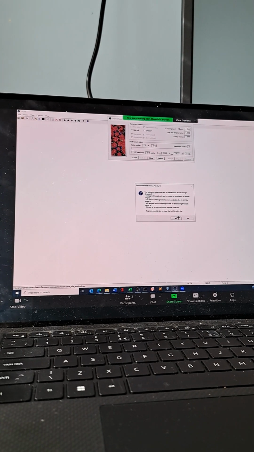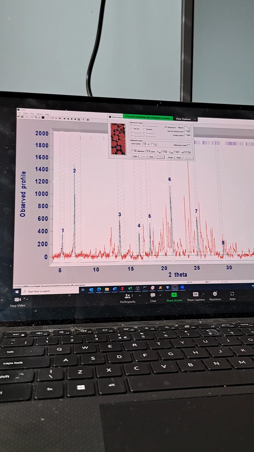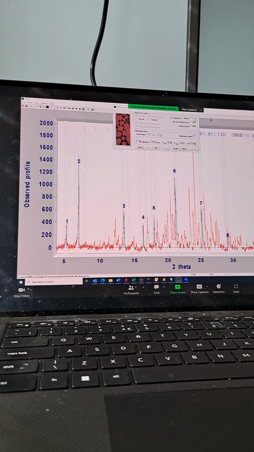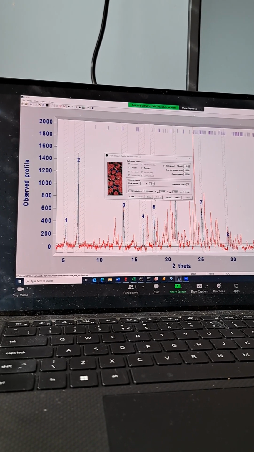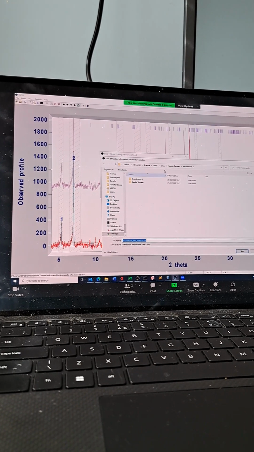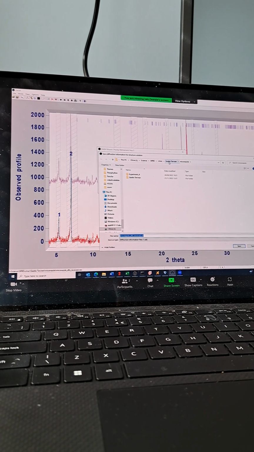Basically, when I was trying to do it for hydrochloride, I performed all these steps following the tutorials, but at the end when I ran the sample for indexing, it was giving some kind of error, so I stopped at that point.